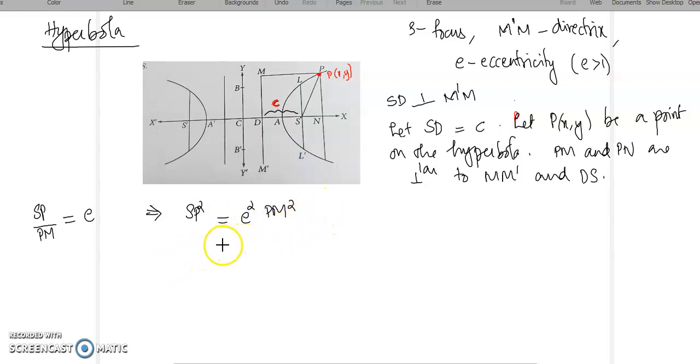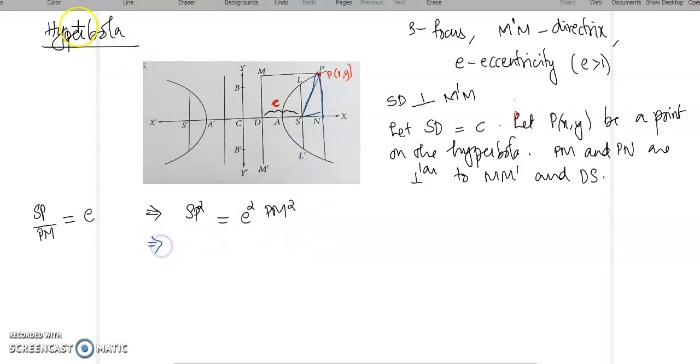Now here we have SP square. So if you look at SP square, that is the hypotenuse of this triangle. Okay, take the triangle SNP.